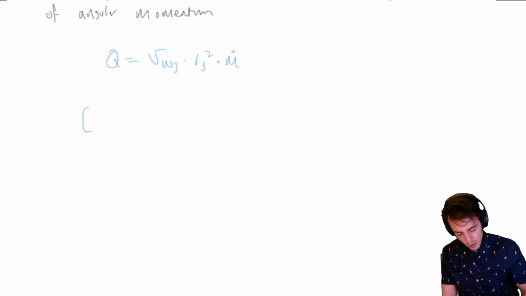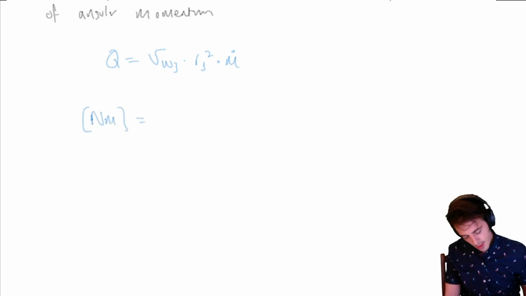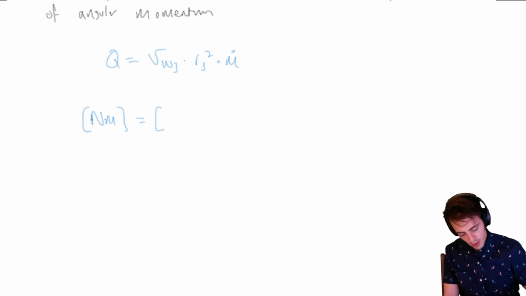So we can see here that torque has units of Newton meters. Then this has units of radians per second, which is equivalent to 1 over seconds, multiplied by meters squared, multiplied by kilograms per second.